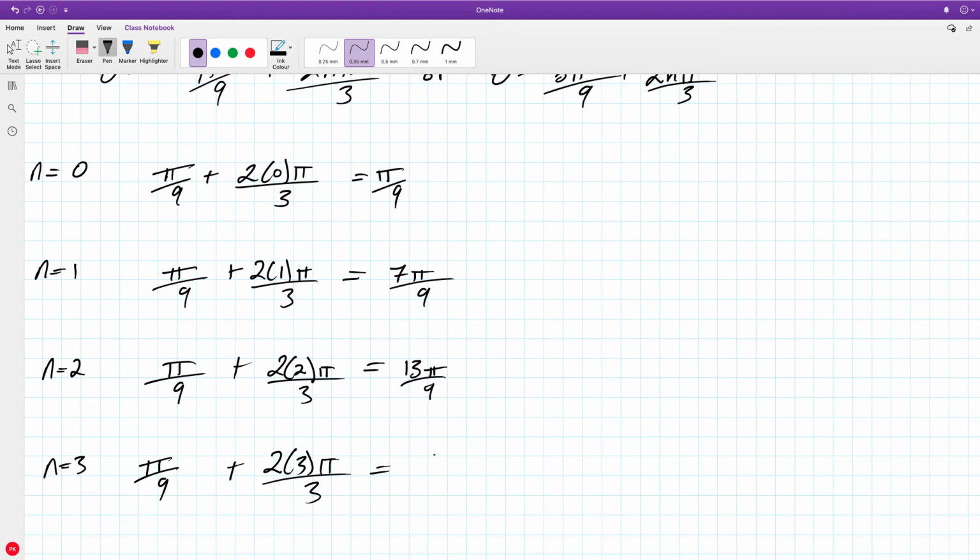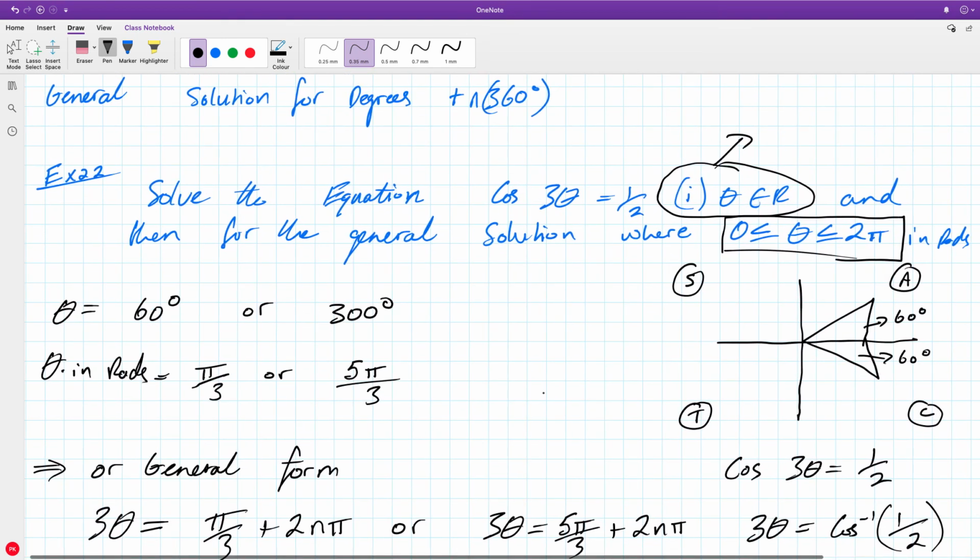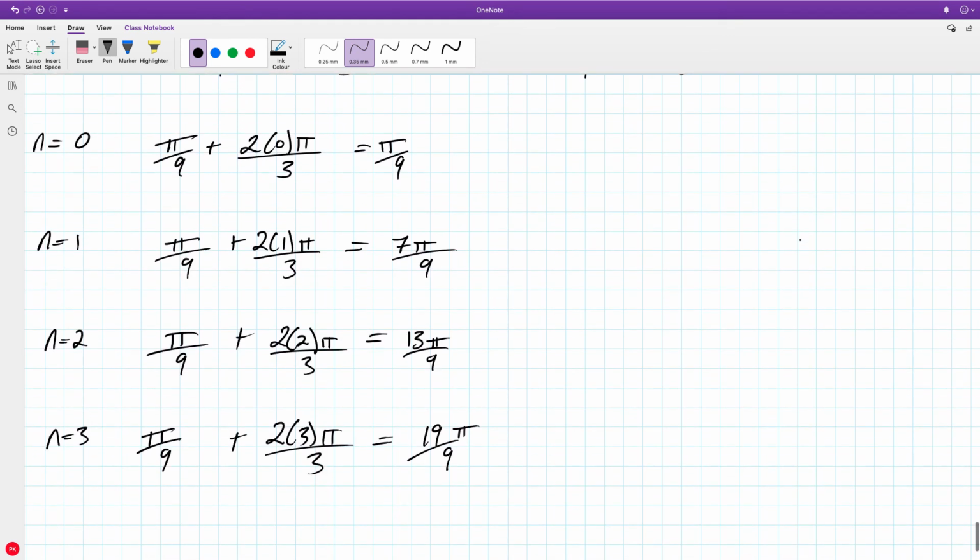We get 19 pi over 9. Why do I reject that answer? Why can't I accept that? Exactly, good man. What was the original statement? It must be between 0 and 2 pi. How many times does 9 go into 19? 2 point something, because 18 pi over 9 wouldn't work, because 9 goes into 18 twice. Does that make sense? So we reject this answer and you just rub it out. No need for it.